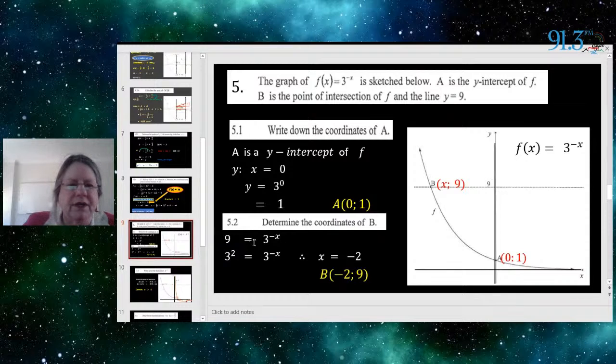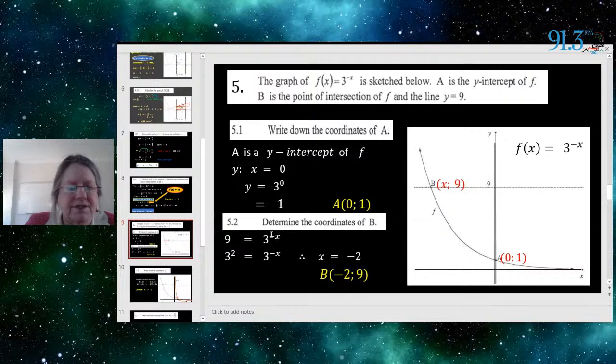So our equation f(x) is y equals 3 to the power negative x. So I substituted the 9 into the y's value. And remember, if you have exponents, we work in prime numbers.